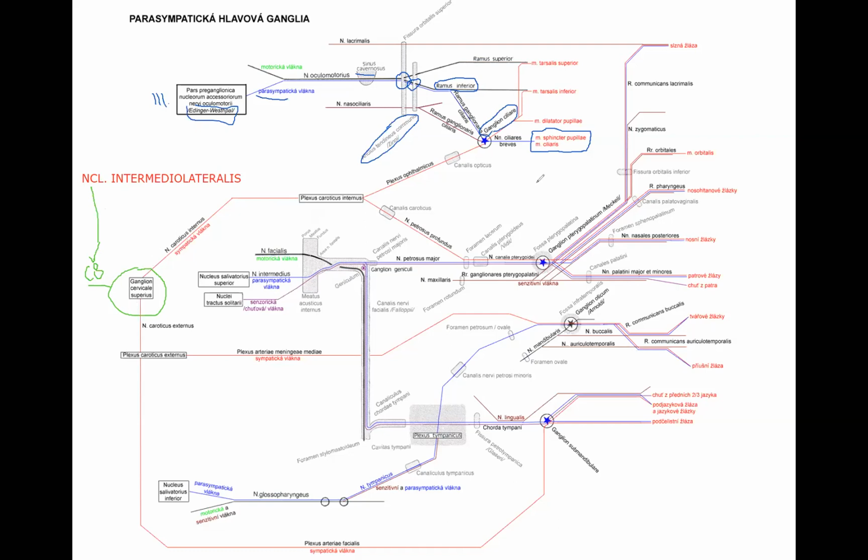And then, as the ciliary ganglion is within the orbit, we use the internal carotid nerve and plexus, and it gets very close to the foramen lacerum.